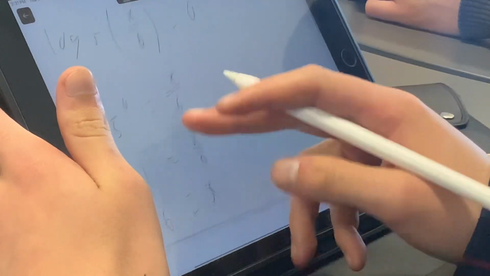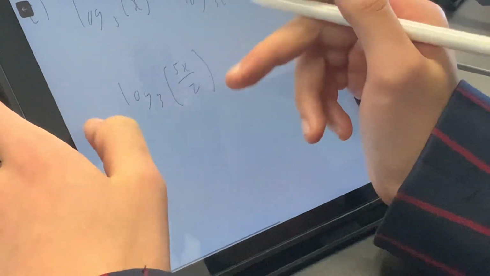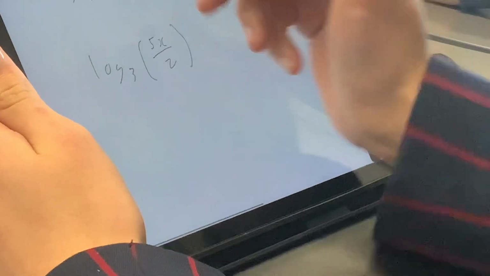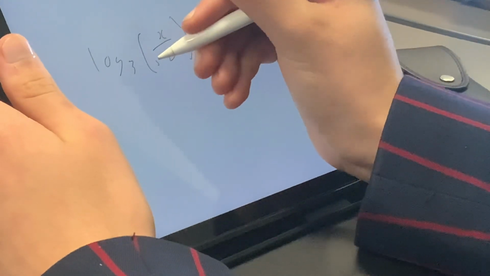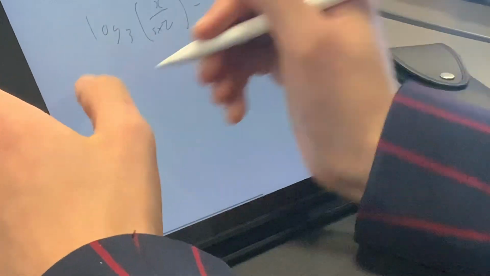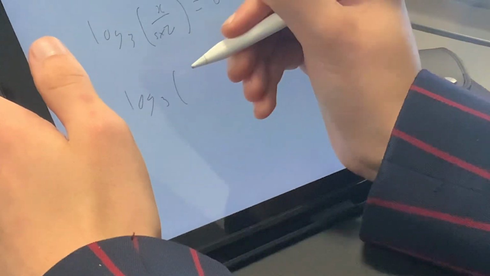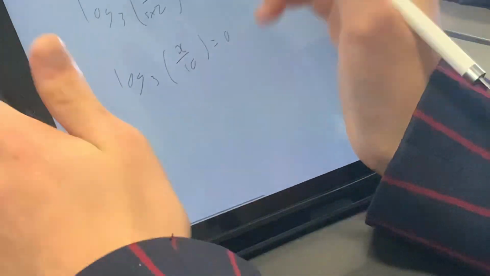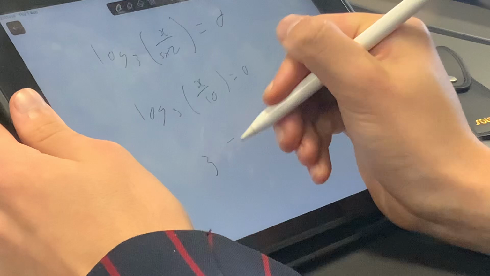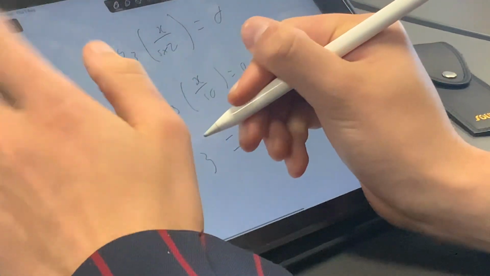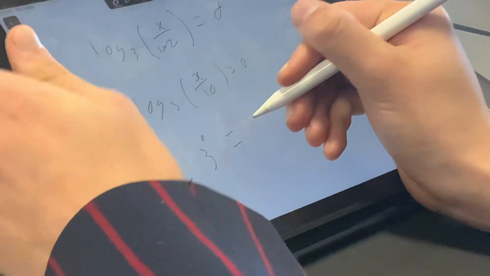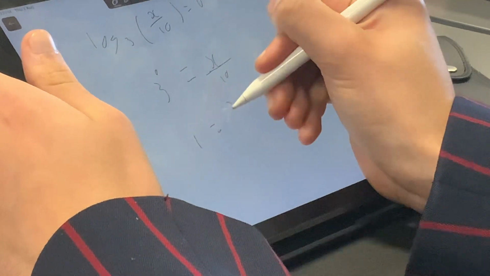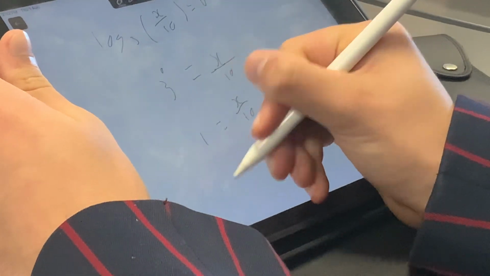Except, since that's actually positive here, I meant to write that 5 down here, 5 times 2 equals 0. So log 3 x over 10 equals 0, which means, same as always, 3 to the power of 0 is equal to x over 10, therefore 1 equals x over 10.